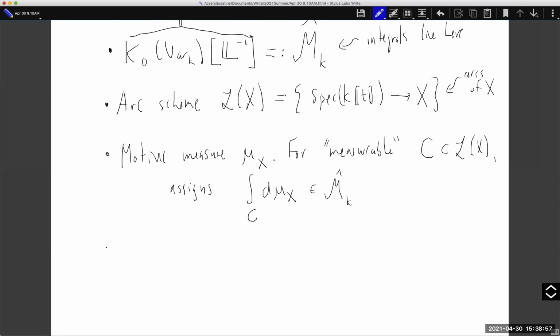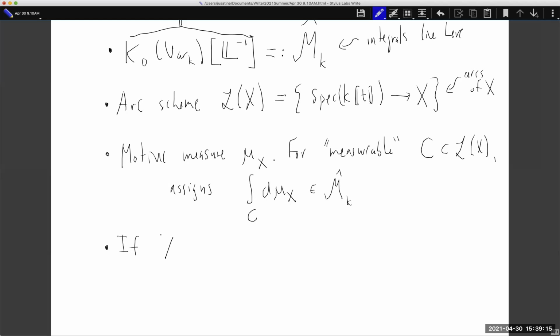Okay, and a really important formal property of this is one reason that motivic integration was introduced by Kontsevich to study Hodge numbers of Calabi-Yau varieties. And why does it have anything to do with studying Hodge numbers?